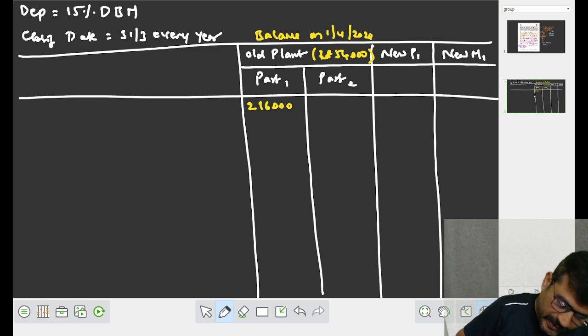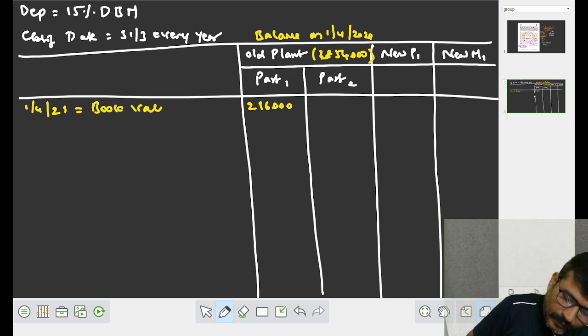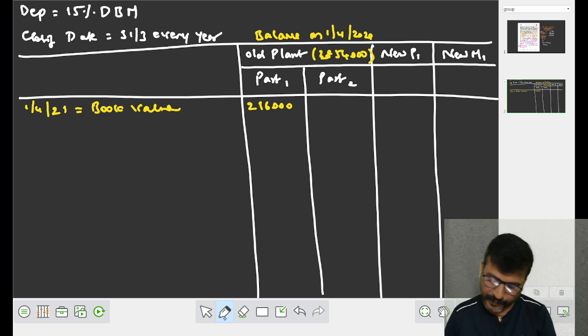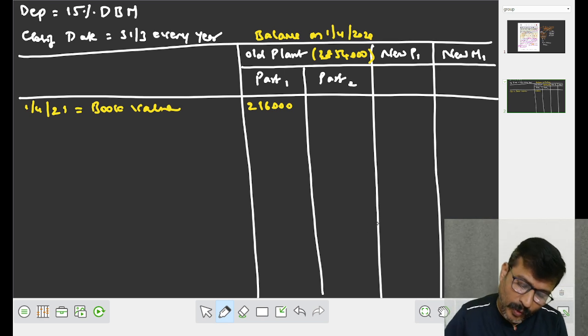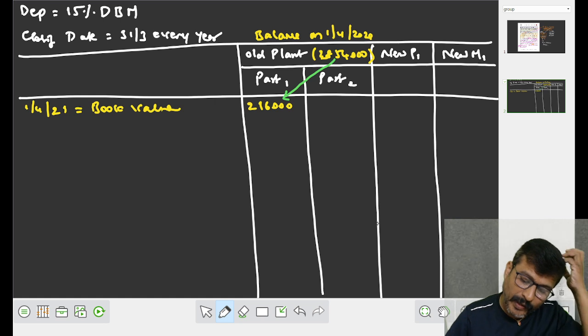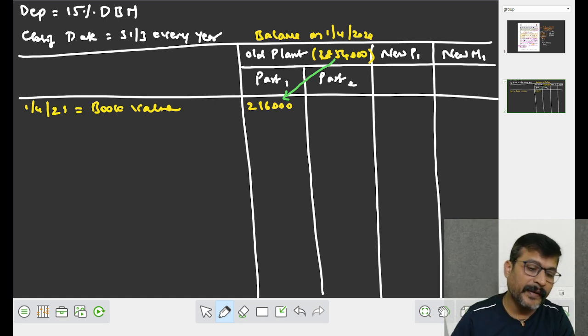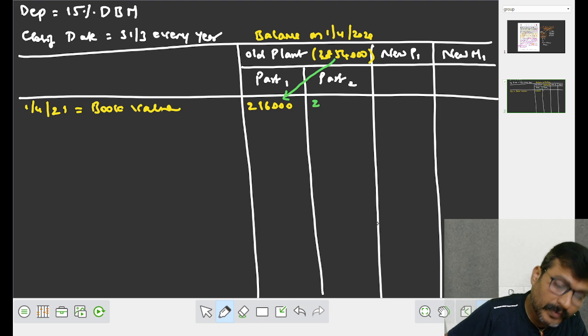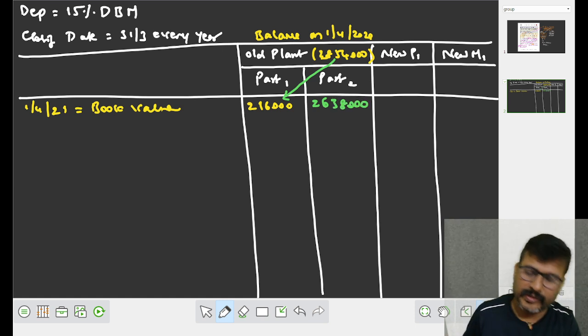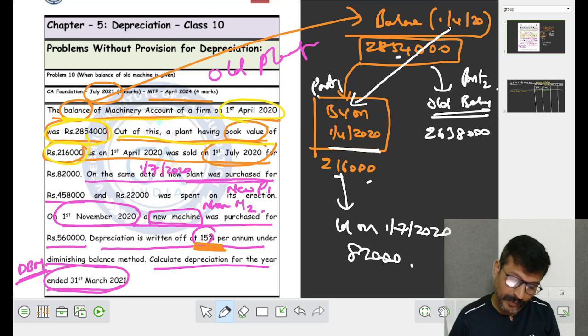What value is it? It is the book value on 1st April 2020. See how to calculate. Out of 28,54,000, subtract 2,16,000. You will get a balance called part 2. The part 2 is 26,38,000. Okay.